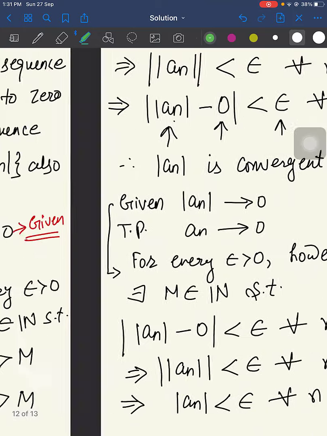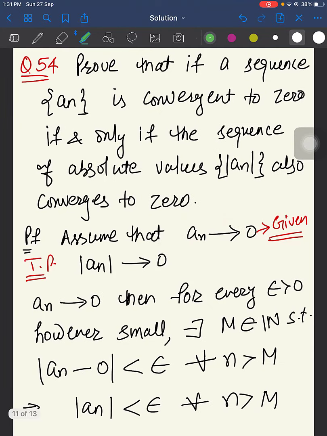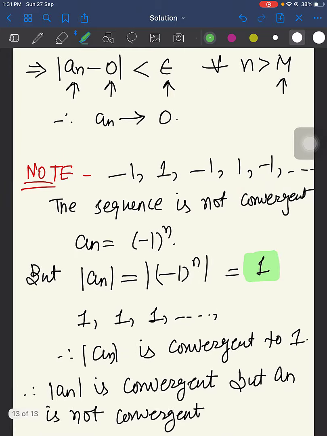So question number 54 only holds when you say that an convergent to 0, then the absolute values mod an also converge to 0. But if you take a non-zero number, then the above scenario may not hold.